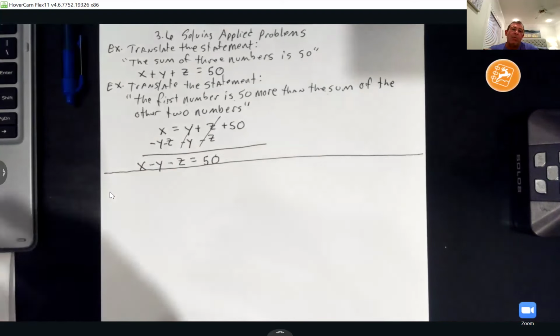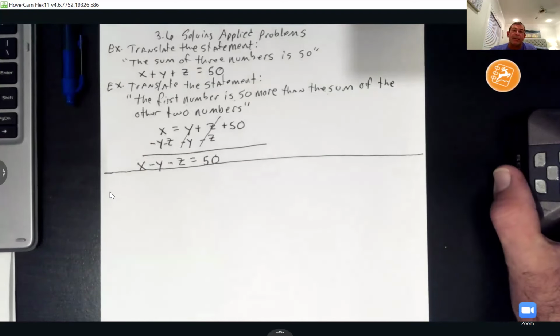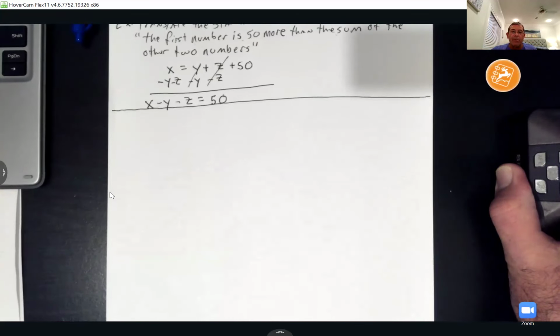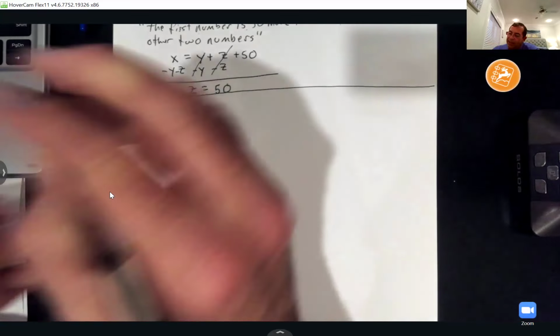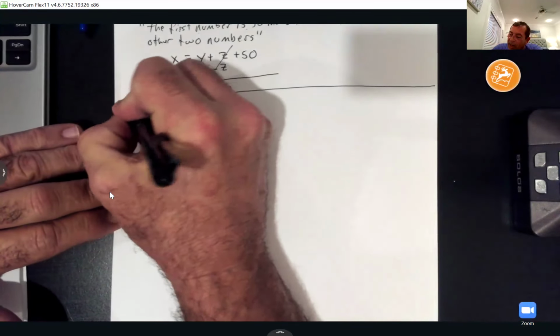Now, what I'm going to show you on these is how to set them up and then I'm just going to punch them in my calculator and solve them, okay? So the trick is actually being able to set up your equations.